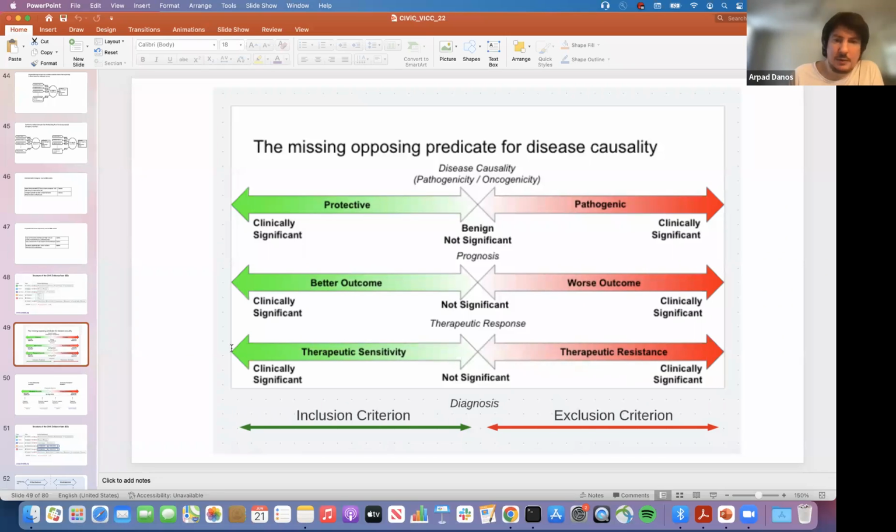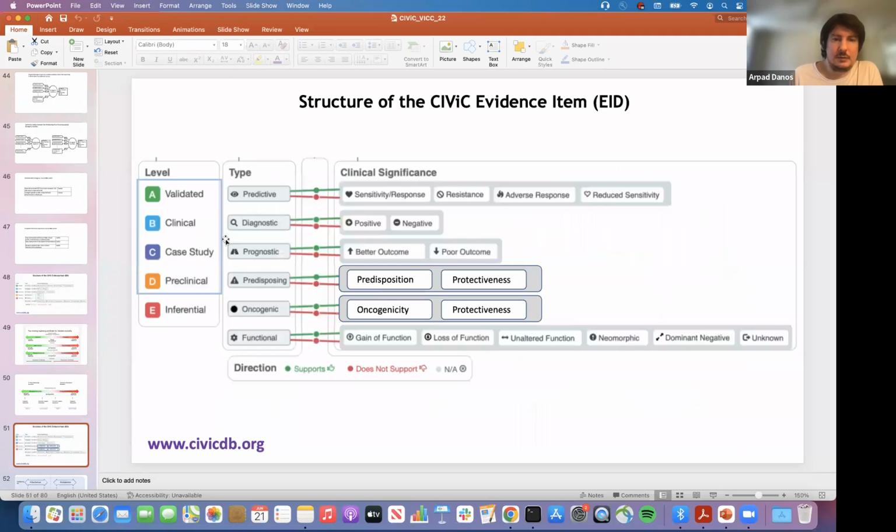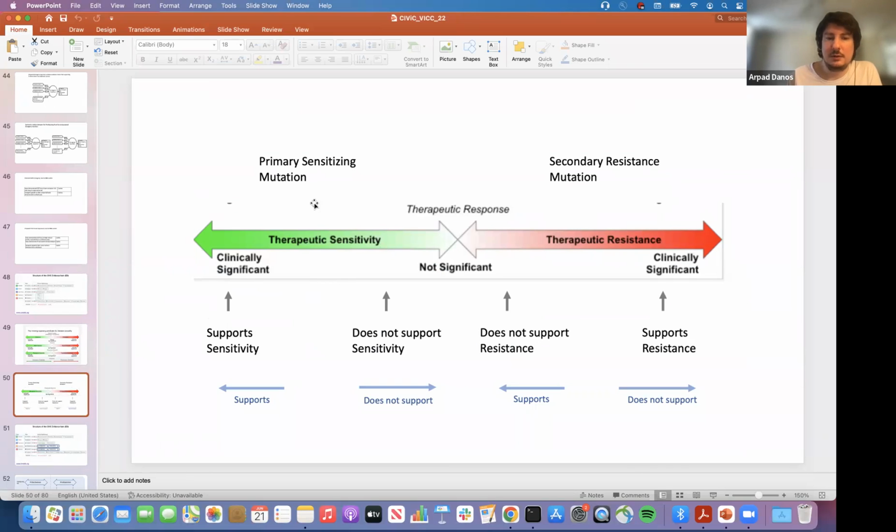I break this down here in the slide. I added the notion of primary sensitizing mutation, which is on this side. The secondary resistance is being assayed on this side. And here's the slide note. A predictive evidence can be annotated with sensitivity response or resistance, right? And sensitivity response is generally associated with primary sensitizing, resistance with secondary resistance mutations.